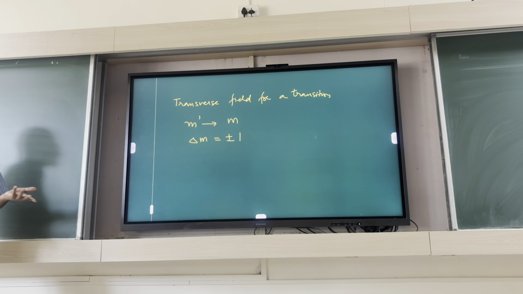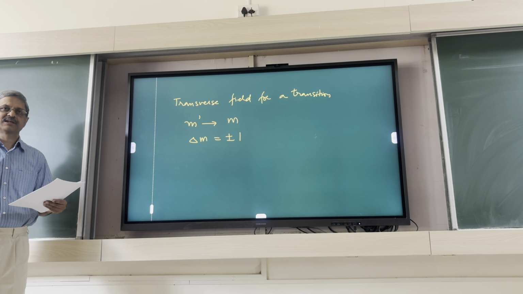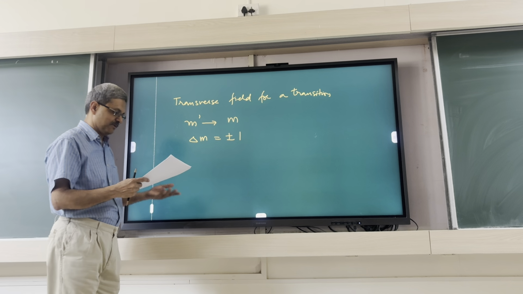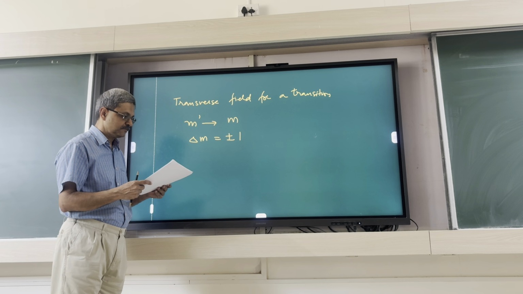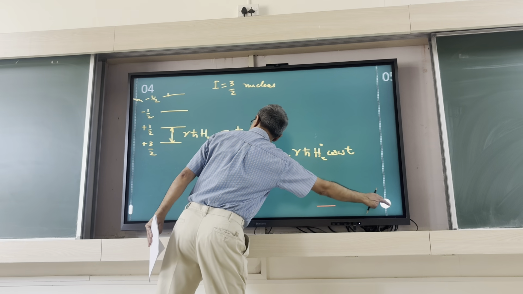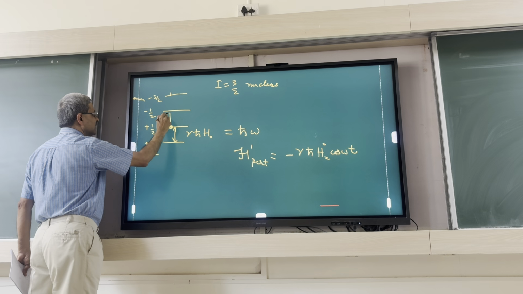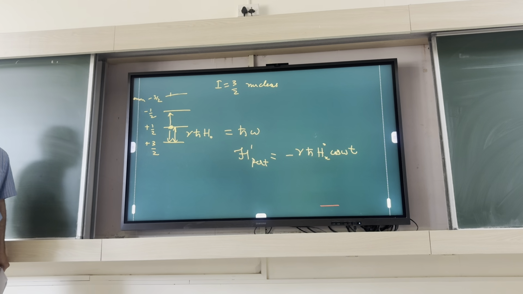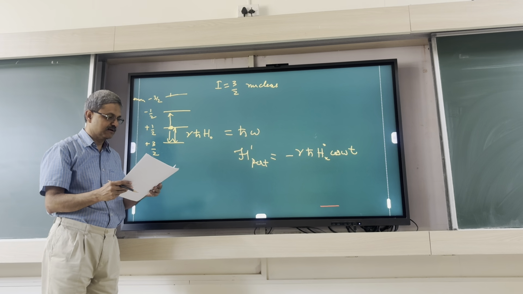Only those are allowed, because I plus can change it by a maximum of 1, and I minus can also go down by a maximum of 1. So those are the only transitions that are possible. In this kind of situation, from here you can have a transition up or down, but plus half cannot go to minus 3/2. That's obvious, no?